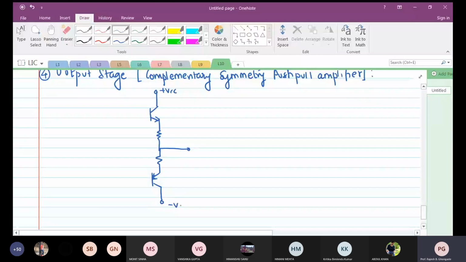This will be your minus VEE. Now, what is this amplifier again? Which configuration is it in? Guys? Of course, you can have direct connection.